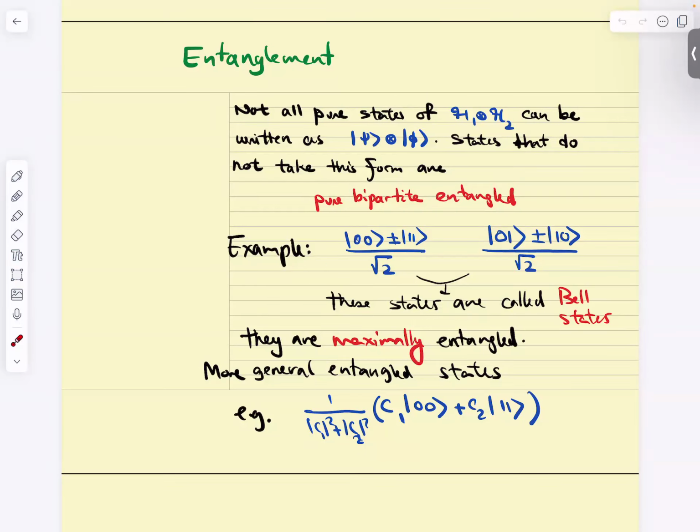By the way, entanglement is a very, very complex phenomenon. At the level of this course, we're only talking about what are called pure bipartite entangled states. The words are self-descriptive. These are pure states of the bipartite system. Bipartite: it has 2 constituents.